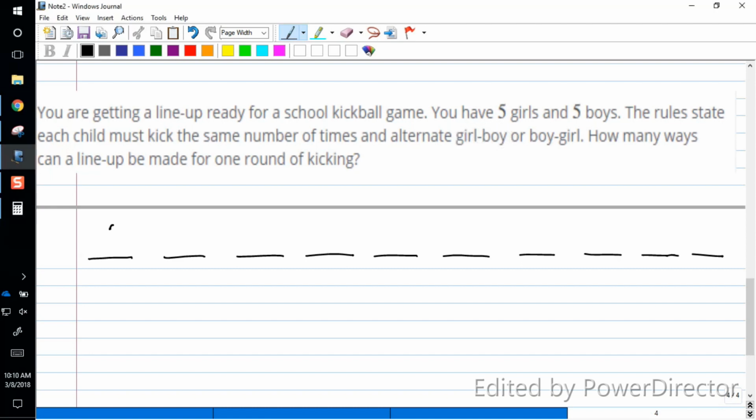So you have 5 choices for the first, and then you're going to have 5 choices for the second, right? Regardless if you start with a boy or if you start with a girl, because you're going to have to do a boy, girl, or a girl, boy. Then you'll have 4, then you'll have 3, then 2, then 1. That's just the way my mind analyzes this problem.